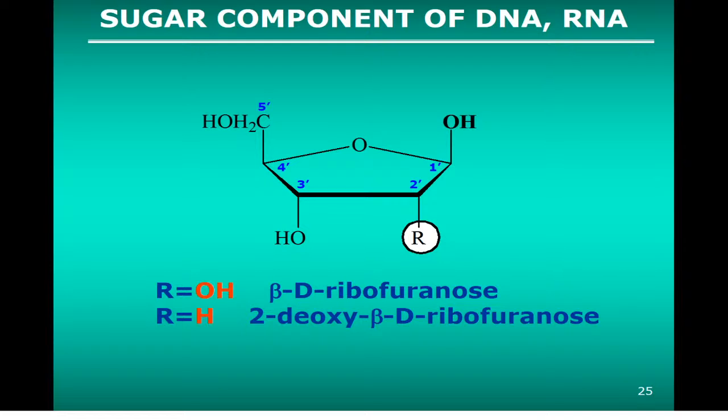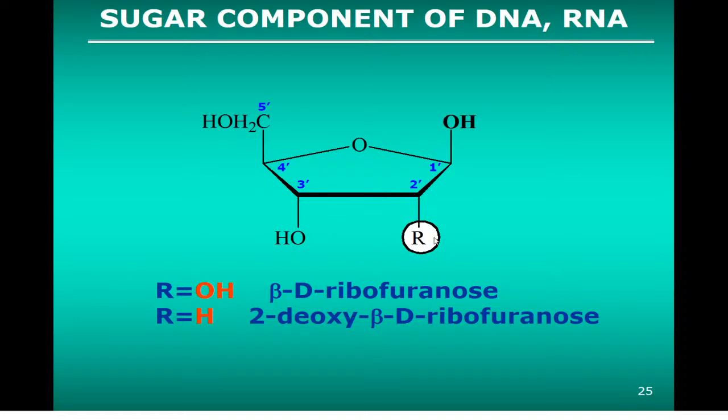Because when this sugar combines with the nitrogenous base, they become one structure but isolated from each other. That's why they should be numbered independently. According to tradition, the nitrogenous base we number without any apostrophes, and the sugar, to show that substituents are bonded to the sugar but not to the nitrogenous base, we use apostrophes. 1, 2, 3, 4, 5.